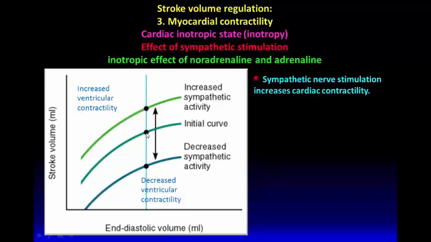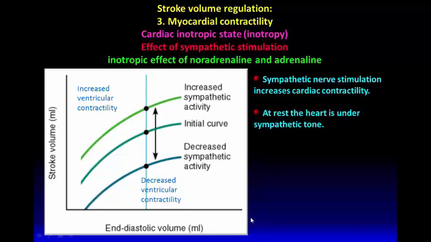So the increase in stroke volume then is not the result of the increase of the end diastolic volume. The increase in the stroke volume is the result of the increase in myocardial contractility as a result of sympathetic stimulation.